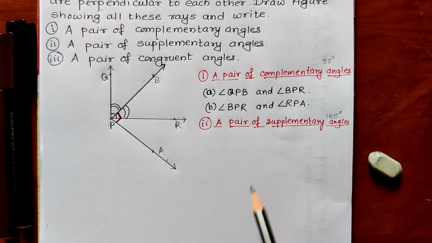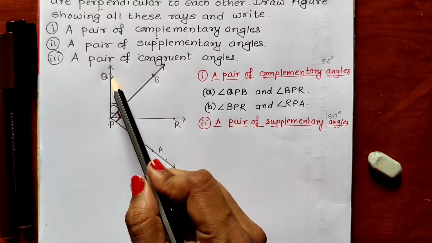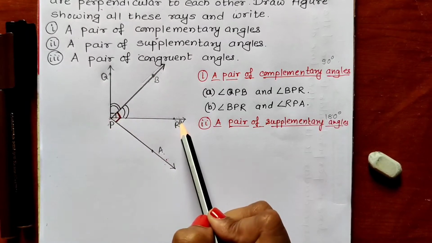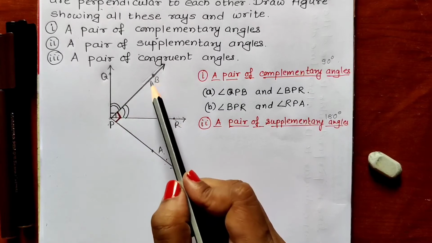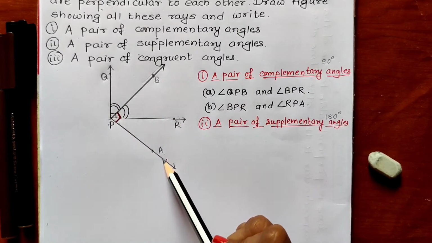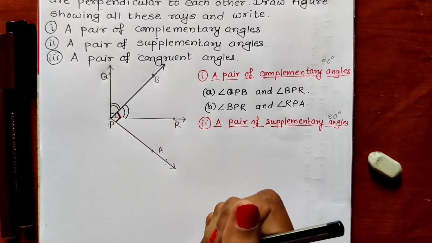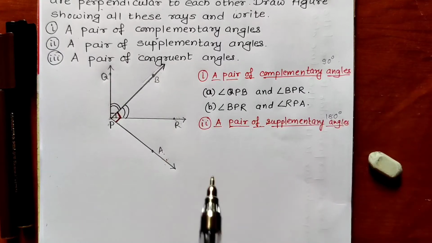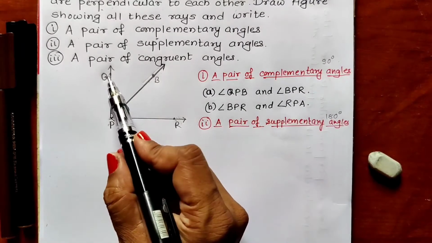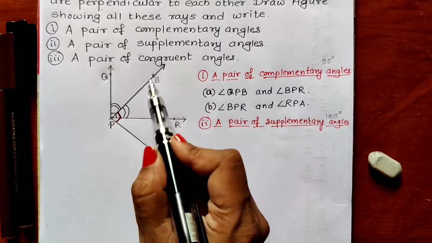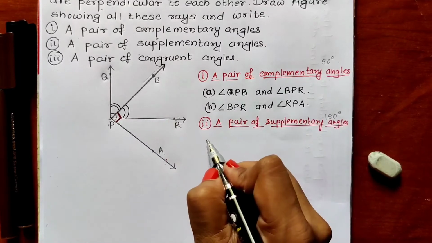So when we see this angle QPR, it is of 90 degree, and angle BPA is also of 90 degree. So 90 degree plus 90 degree will be 180 degree. So the pair of supplementary angles will be angle QPR and angle BPA.